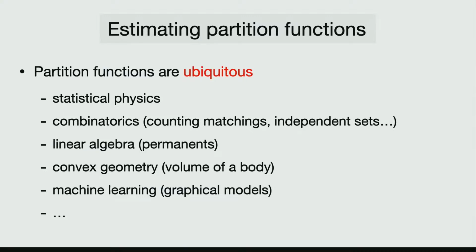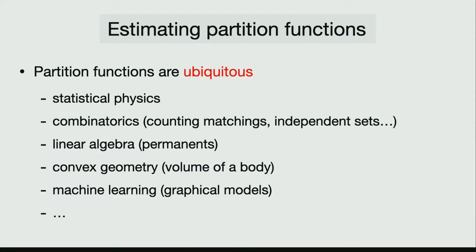In linear algebra, where you can relate it to the computation of certain permanents. In convex geometry, with the computation of the volume of convex bodies or polytopes. In machine learning, etc. There are a lot of possible applications if you can compute partition functions efficiently.